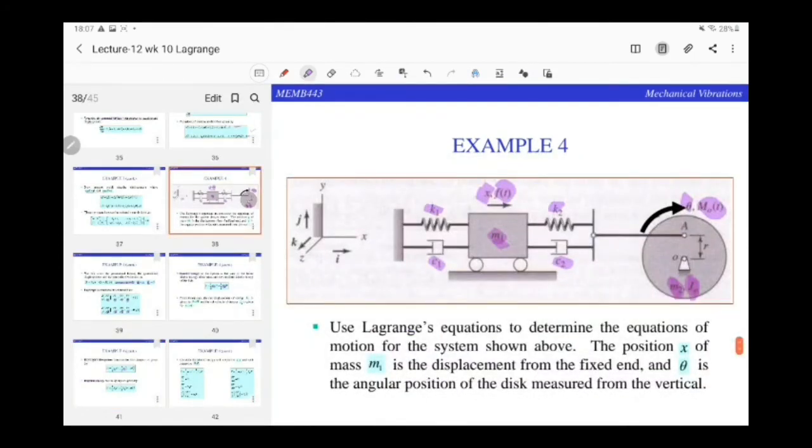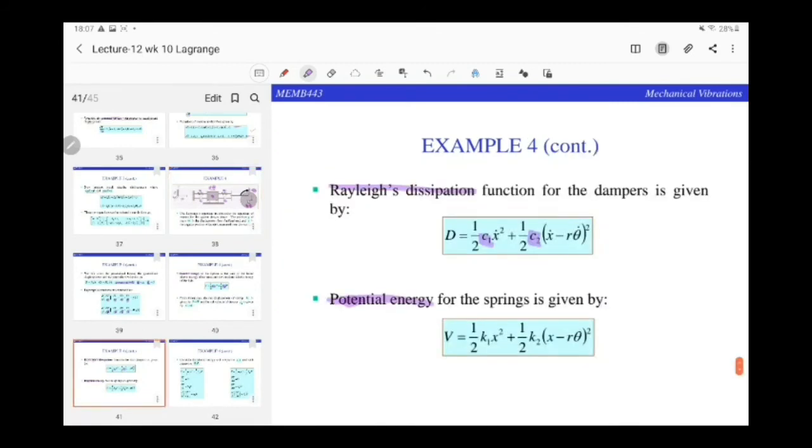You have K1 and K2. So you write for K1 and K2. Just take note that for the Rayleigh dissipation function and potential energy, you have this expression, which is also the relative displacement, x minus r theta and x.